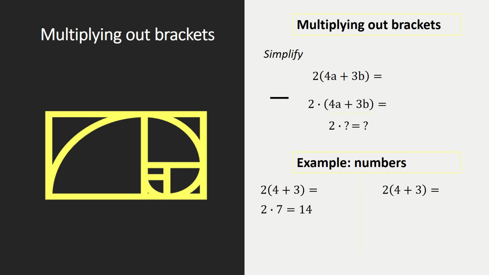So, for instance, if we have 2 times (4 plus 3), I can do 2 times 4 and 2 times 3. I know that 2 times 4 equals 8 and 2 times 3 equals 6, and when I add it up, it's 14 as well.